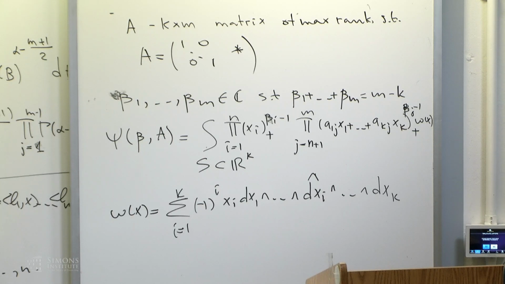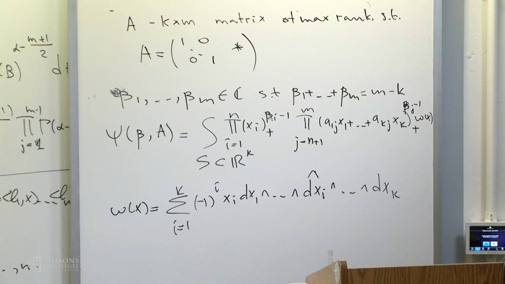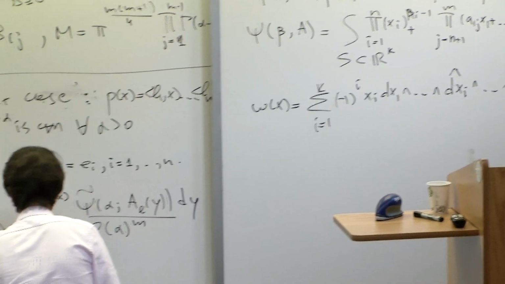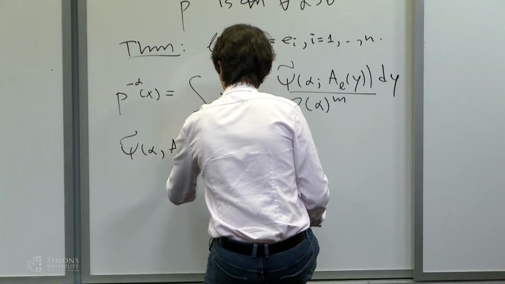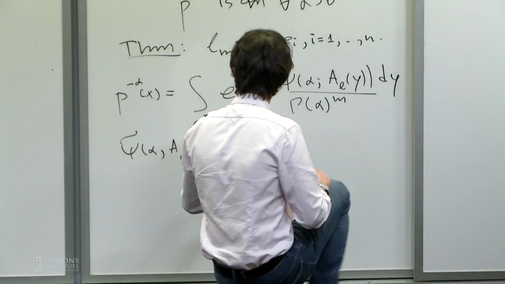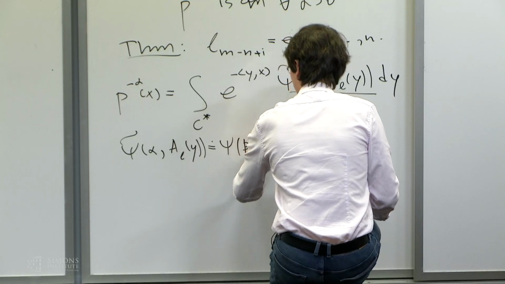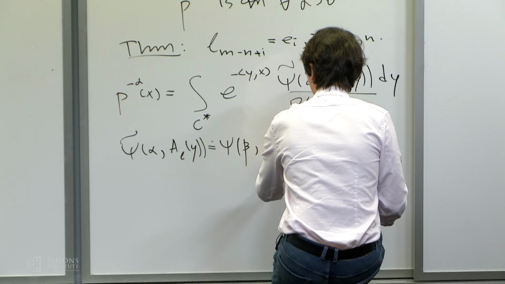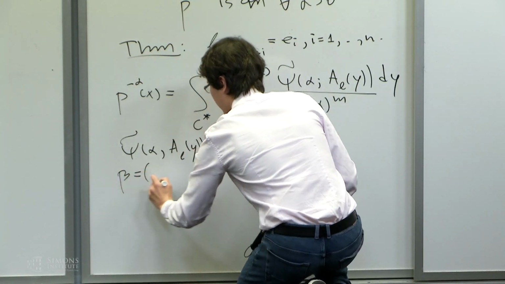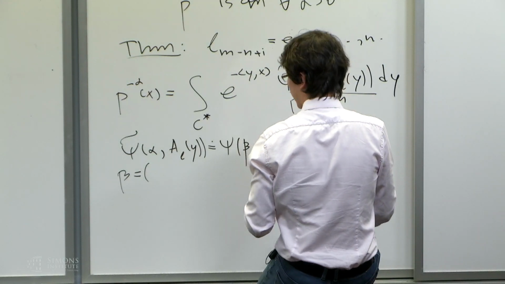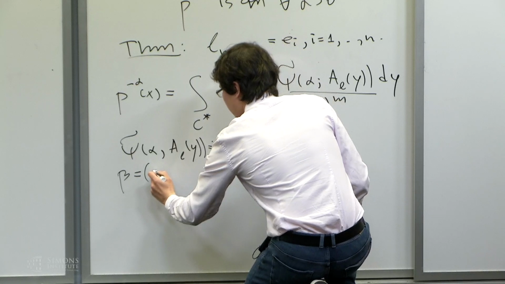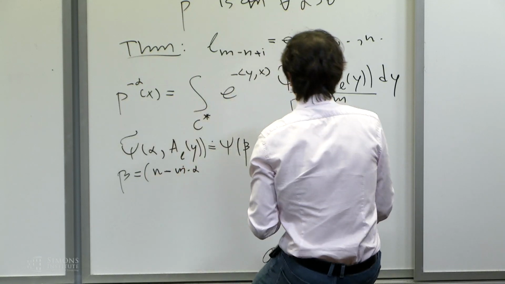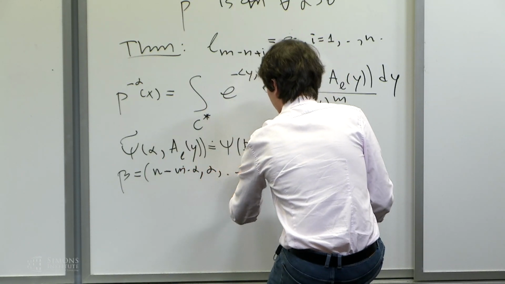And the function that I wrote here, let me call this psi tilde. So psi tilde of alpha, L, y is by definition psi of beta and A alpha of y, where beta is the following vector of exponents. As a first entry it takes n minus m alpha, and then it is filled with alphas.